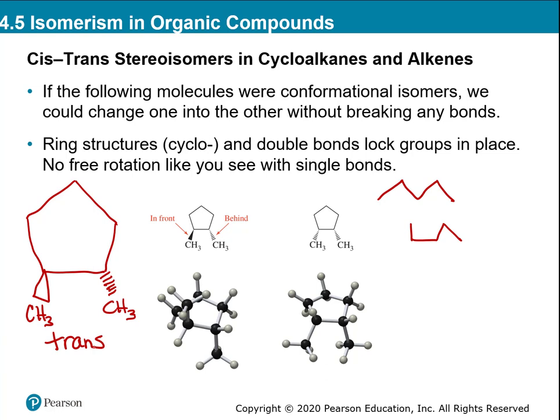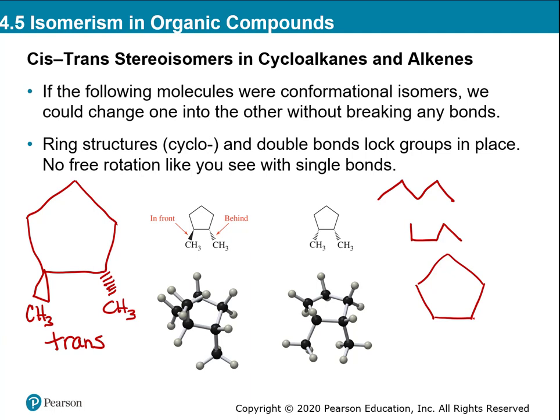Whereas the other one, where they're both on the same side, you'd still draw the same little cyclopentane, same ring of 5. But to show the position of those 2 methyl groups, because they're on the same side, you're either going to use 2 wedges, or you could flip that molecule up and use two sets of dashes.